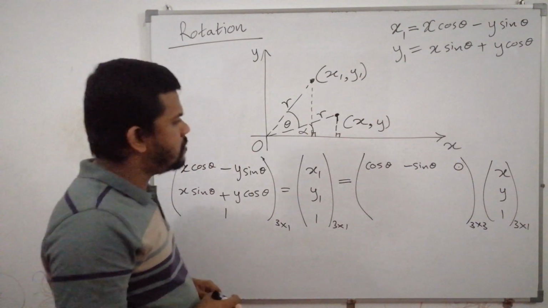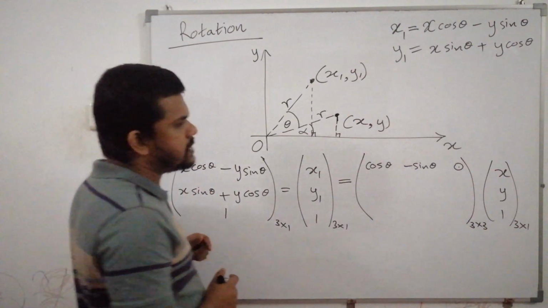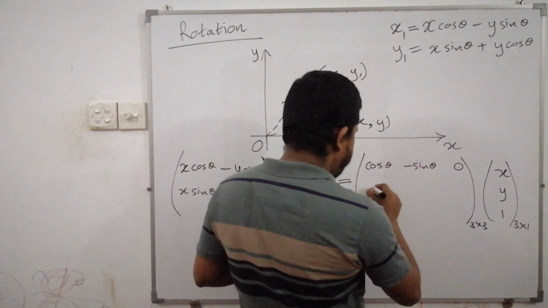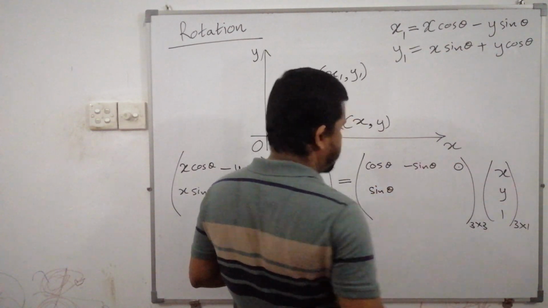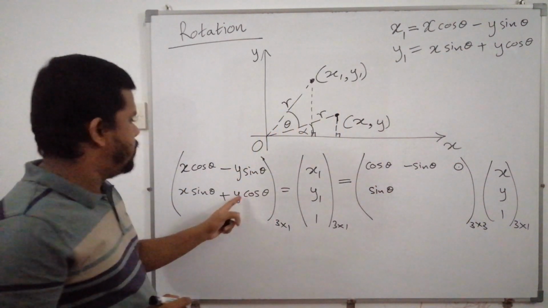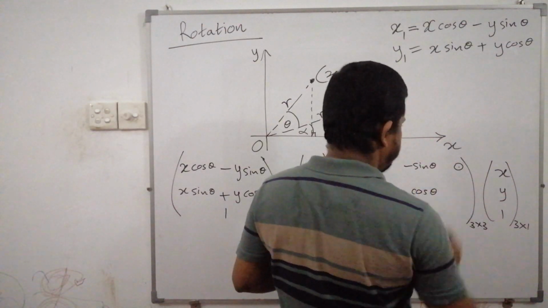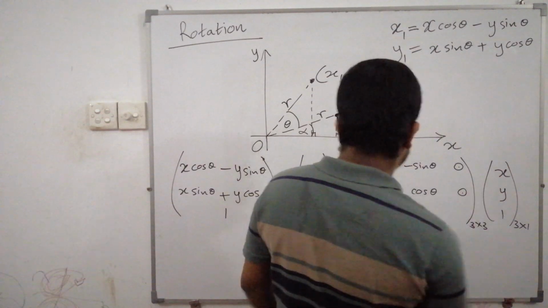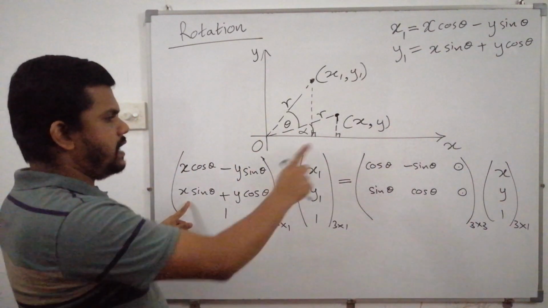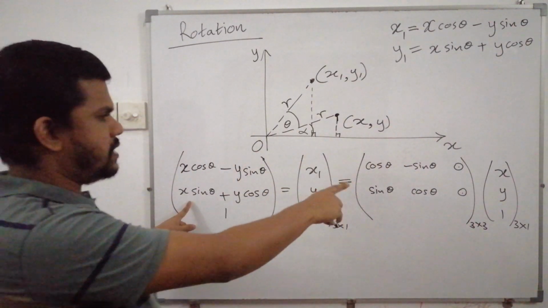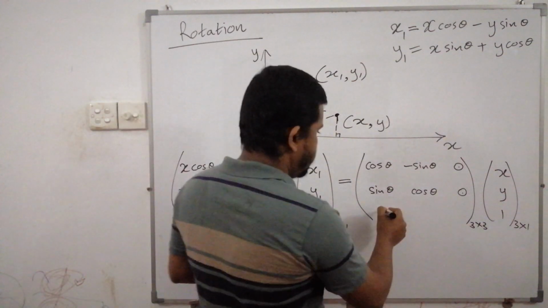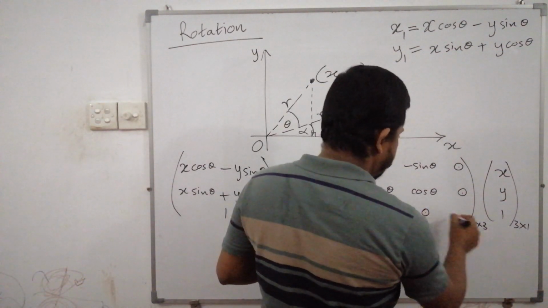Okay. Now in order to get this one, x sin theta, here we put sin theta, plus y cos theta, 0. x sin theta plus y cos theta plus 0, and here it is 0, 0, 1.